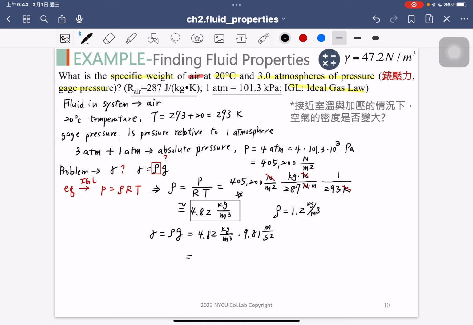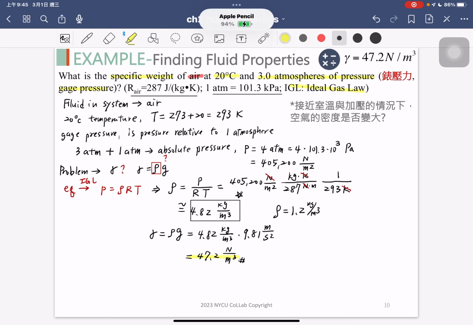So for the gamma, you should use the calculator to compute the final answer. Okay, so it's equal to around 47.2, and the unit is Newton per meter cubic. Okay, this is our final answer.